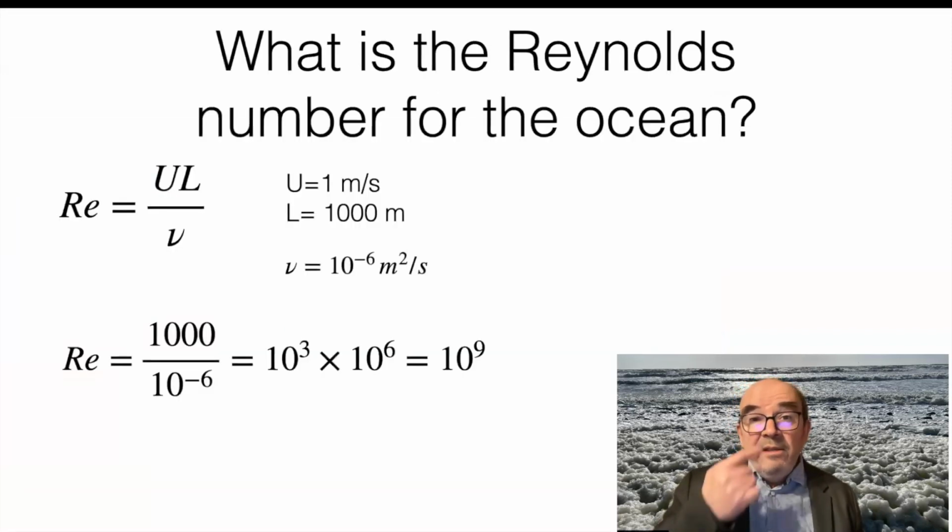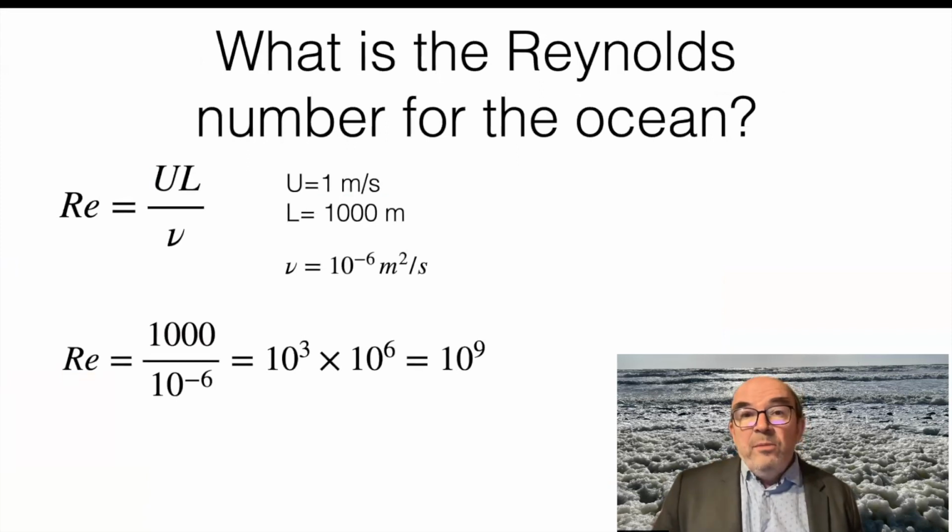The problem is that the Reynolds number for the ocean is very large, because you can take a characteristic velocity of 1 meter per second and a characteristic depth of, for example, 1 kilometer. The viscosity is of the order of 10 to the minus 6. So if you compute the Reynolds number, you obtain 10 to the 9. It's a very high Reynolds number.